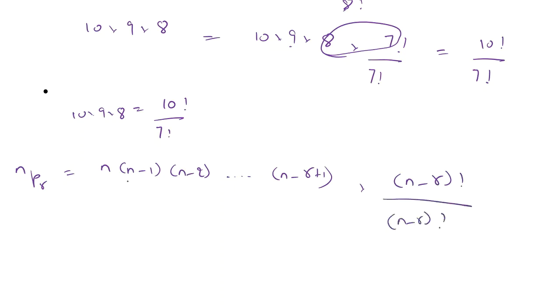If you observe the numerator, we are starting with n, and all the successive terms are 1 less than the previous one: n, n minus 1, n minus 2, n minus 3, and so on, n minus r plus 1, and the next one is n minus r factorial. Therefore the numerator is going to be n factorial, and the denominator is going to be n minus r factorial.